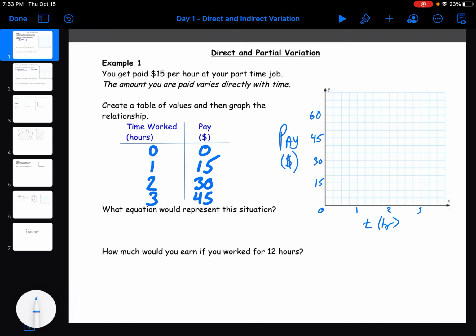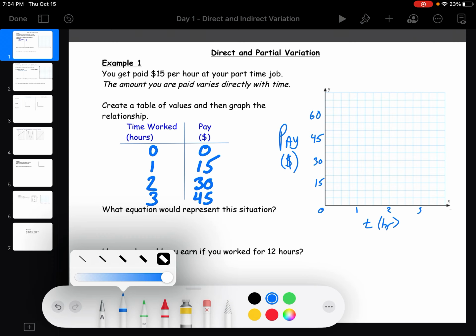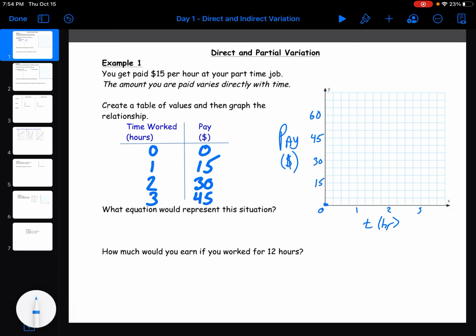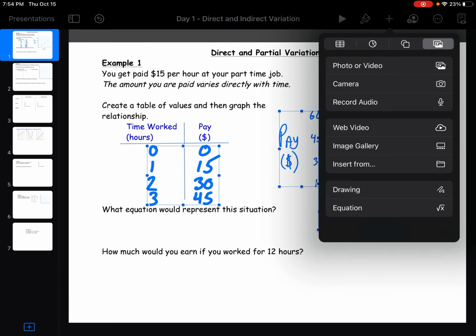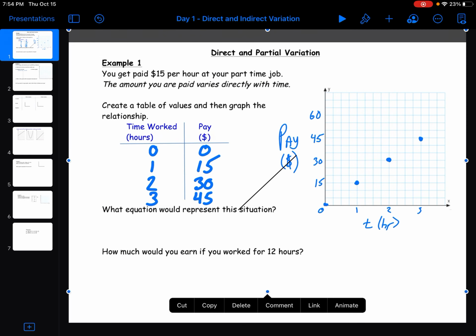If we looked at this at 0, I'll make the dots a little bigger. At 0, we make $0. At 1 hour, we make $15. At 2 hours, we make $30. At 3 hours, we make $45. Okay, and we can see that this is going up with a straight line.